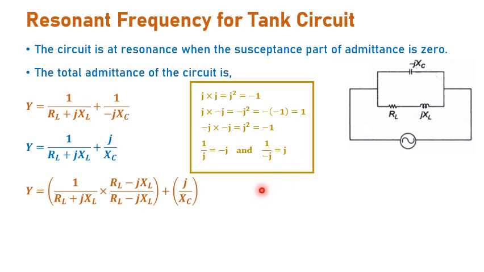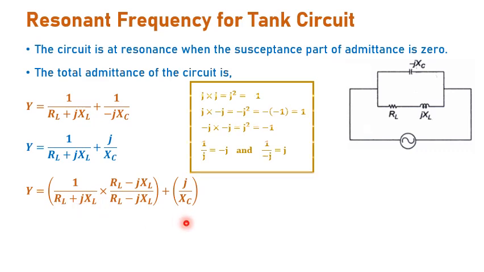Keeping this as basic, if you look at the denominator, it is of the form a plus b into a minus b, so the answer will be a square minus b square. So a equals RL and b equals jXL.